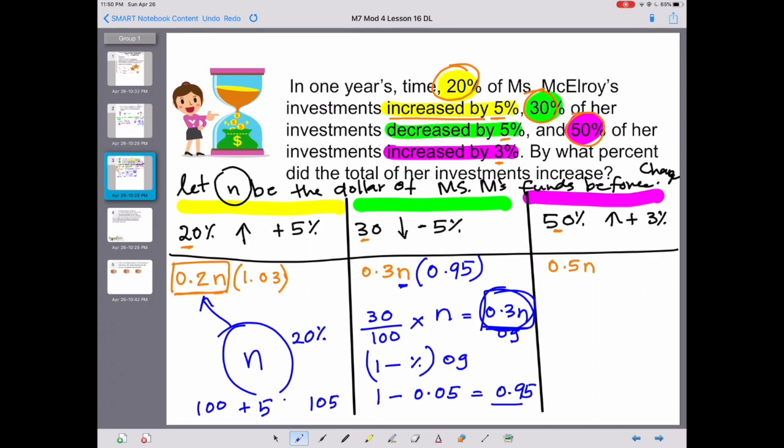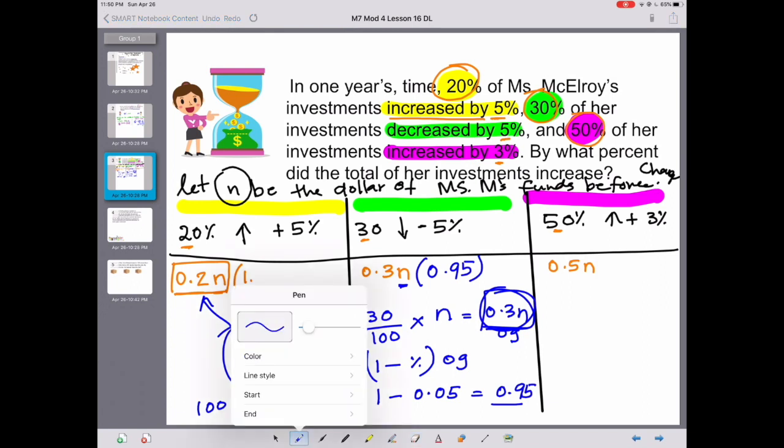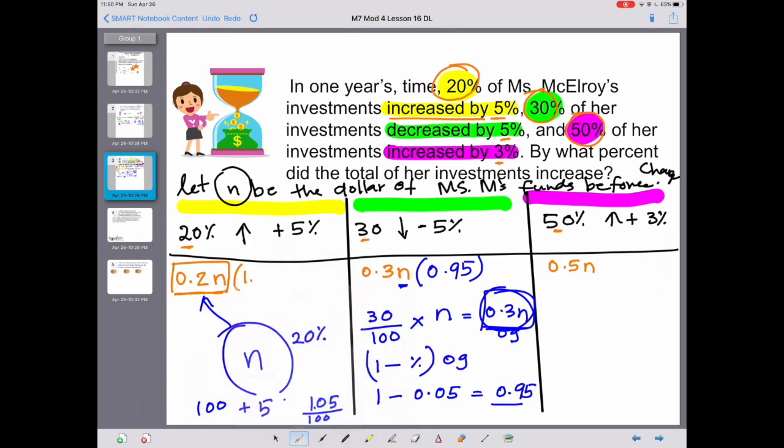But since this is a percentage, I have to divide by 100. So it's going to give me 1 and 0.05. Oh, I'm sorry, this is supposed to be 5 here. Oops. Okay, this is why Ms. Zuhair is almost always right. There you go. Okay, so now I know how I got this expression.